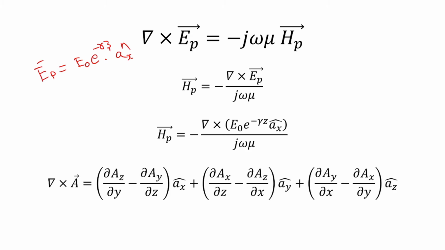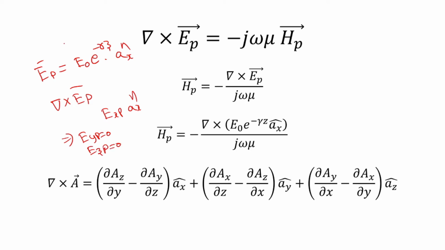But curl of any vector field is given by this. Here we are trying to determine the curl of Es bar. But the formula of Es bar is E naught exponential of minus gamma z along ax cap. That is, it is just Exs ax cap. That implies Eys is equal to 0 and Ezs is equal to 0.